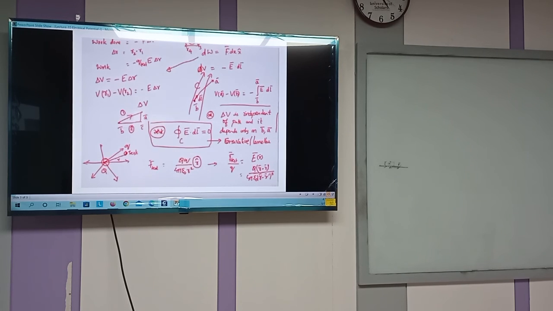But we know how to calculate the electric field of a point charge, okay?